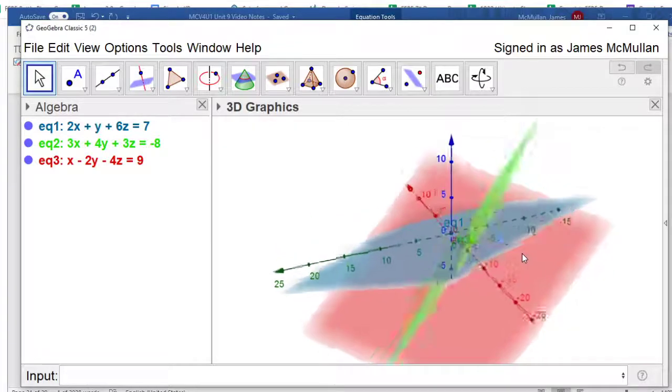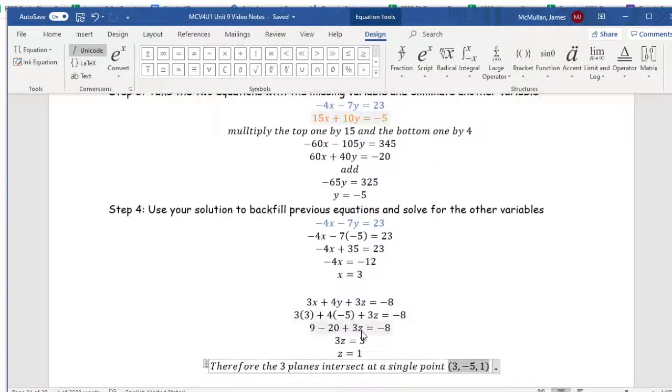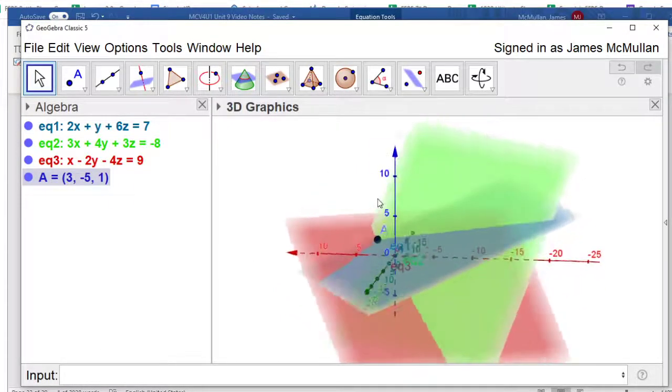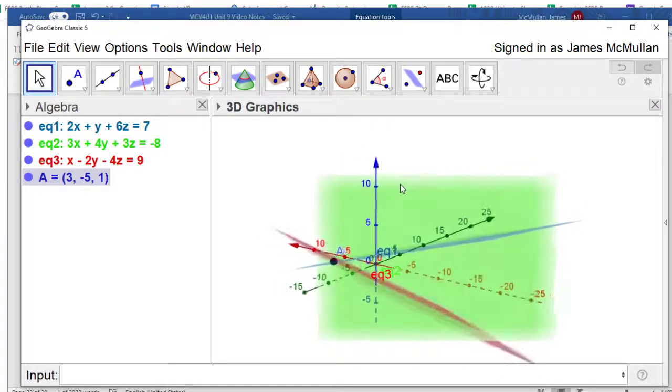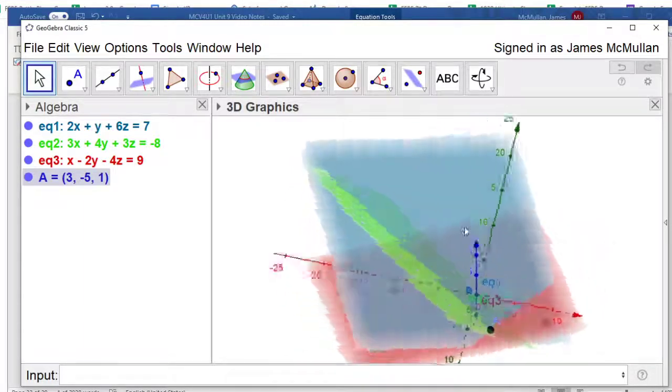This little corner, so to speak, right there. Now we've done some math to suggest that the place they meet is 3, negative 5, 1. And you'll see that that point perfectly matches that corner where they all meet.